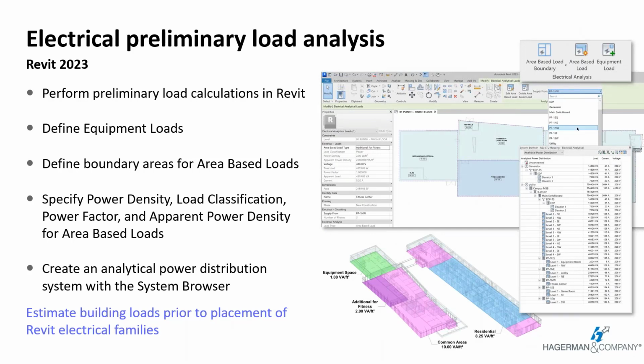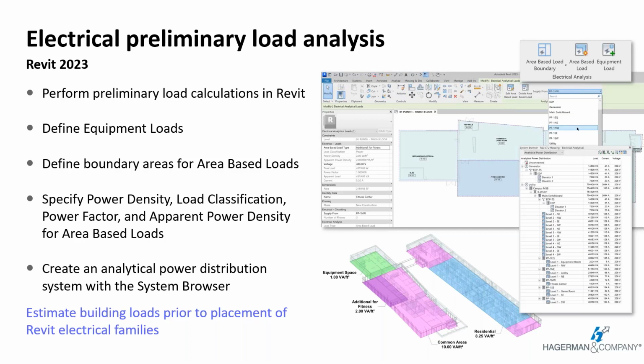All right, so now let's switch back to some electrical topics here. Revit 23 introduces new features for electrical analysis. Electrical engineers and designers working in Revit can now leverage an architect's PDF, DWG, or Revit geometry to perform preliminary load calculations earlier in the design process, even prior to modeling electrical equipment.